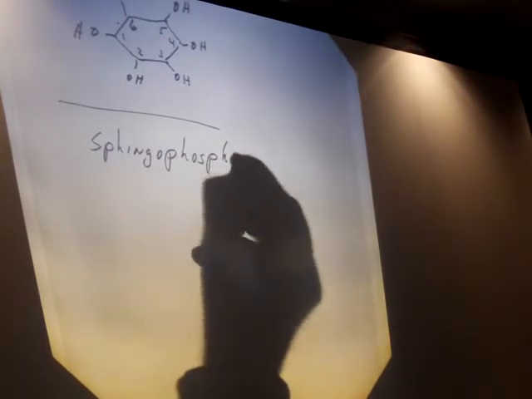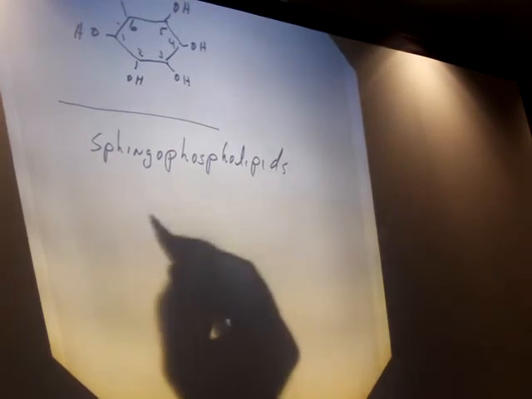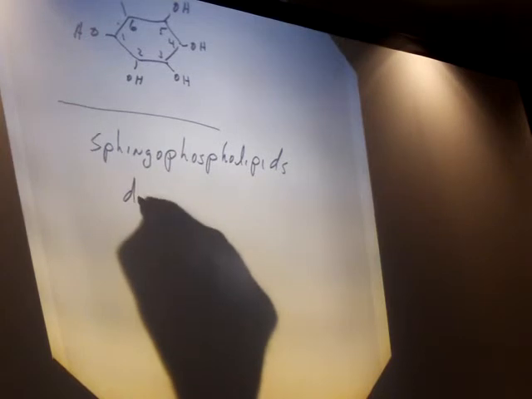Now, the next major category of phospholipids is the sphingolipids. And they're derived from sphingosine.